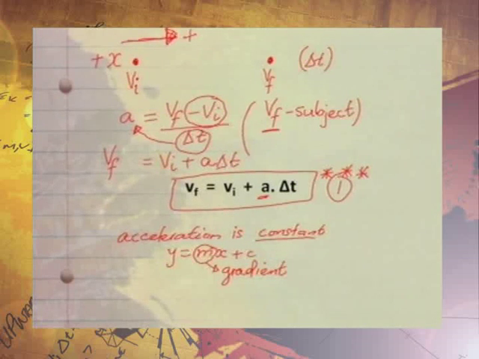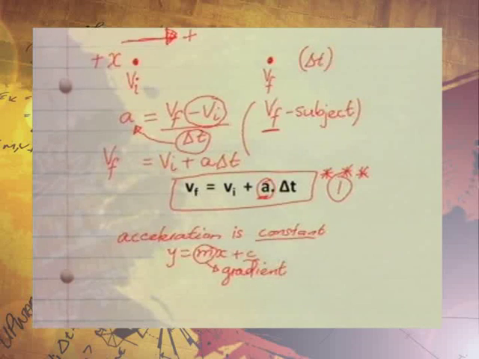And what is c? C is your y-intercept. Now, what will be m here, the gradient? The gradient is your acceleration, something that remains constant for that particular straight line graph. So this is mx. You can see that x then is represented by delta t there. And your c, your y-intercept, is the v initial.